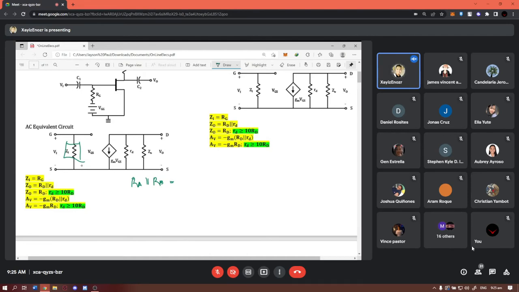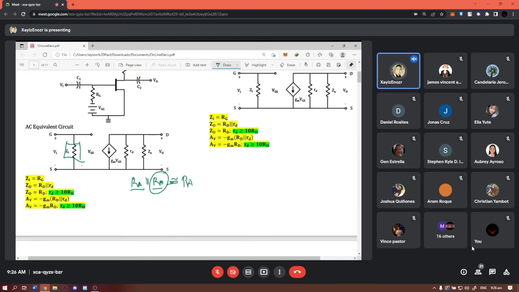Dapat ang resulting equivalent resistance nito is mas mababa sa pinakamababang value. So for example, pag sobrang laki ng isang resistor, si RB, compared kay RA, therefore, ang mangyayari niyan is almost equal na yan dun sa mas maliit na resistance.